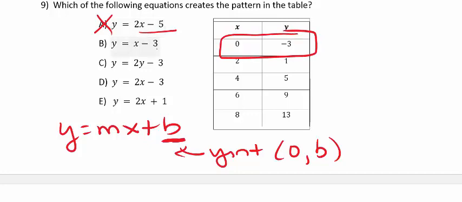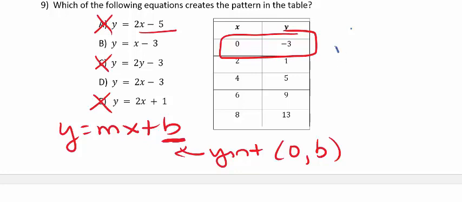B has a minus 3, D has a minus 3, E has a plus 1, so we can eliminate that one as well. In C, I don't even have an x to substitute in, so we can eliminate that one as well.